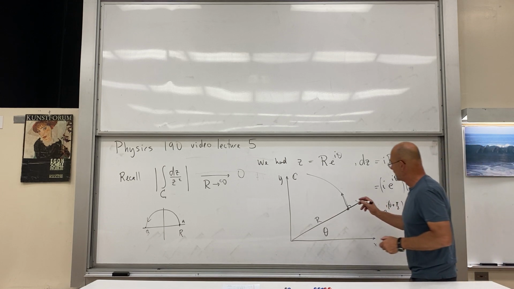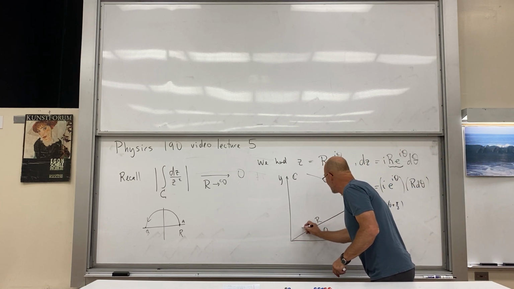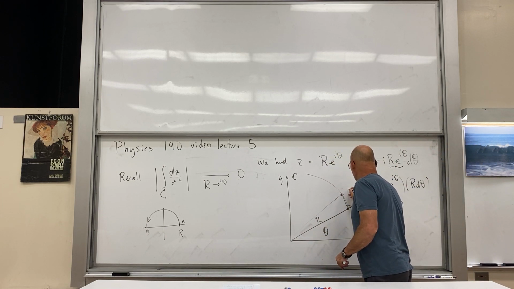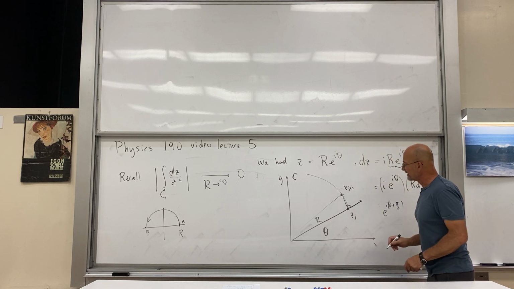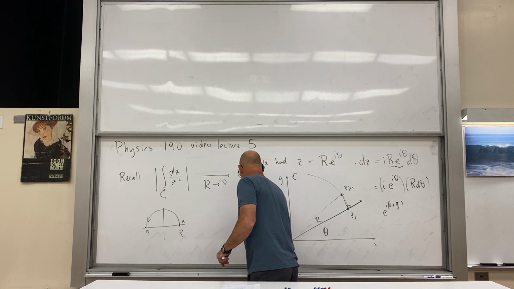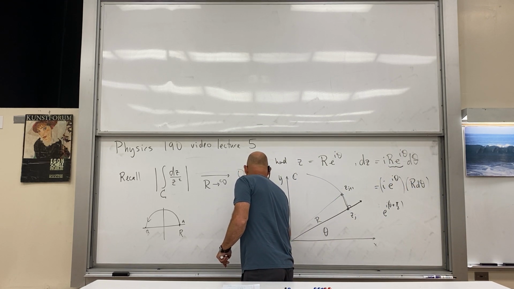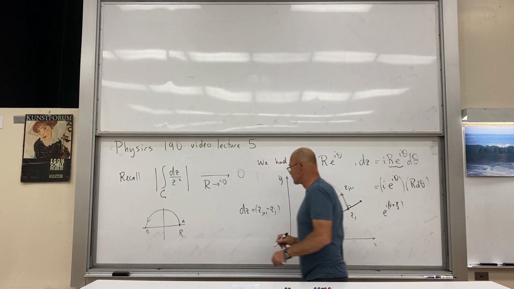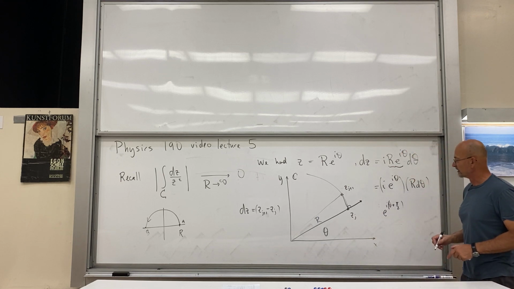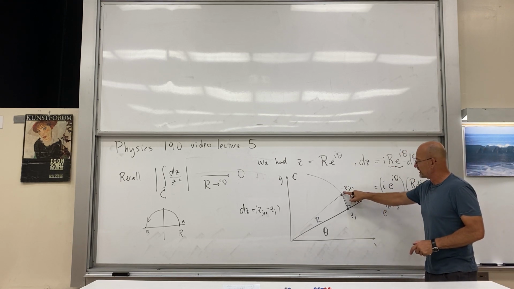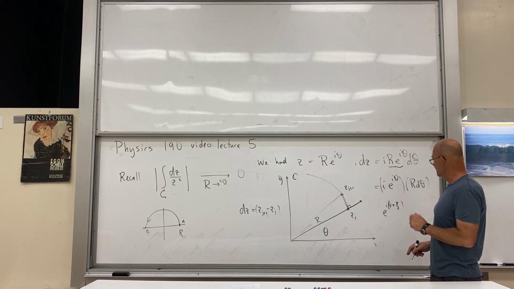In fact, when I did the Riemann sum, I could call this z sub j plus 1, and this z sub j, and my dz was z sub j plus 1 minus z sub j. So you see that as well.